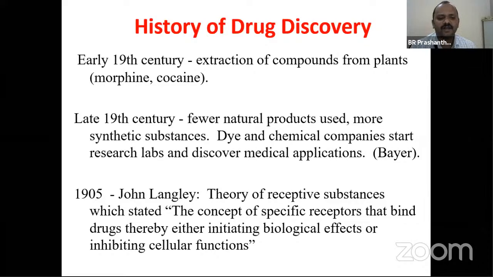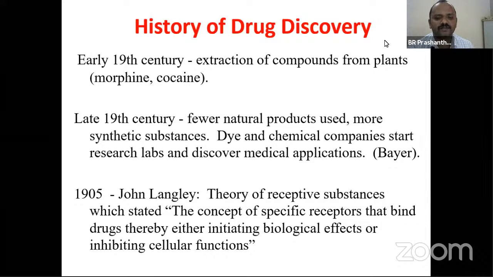In the early 19th century, the situation was such that it was more often natural products which were there in the market, for example morphine, cocaine. Such natural products were there in the market.